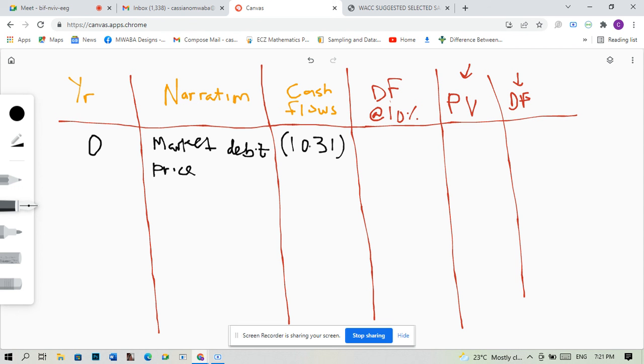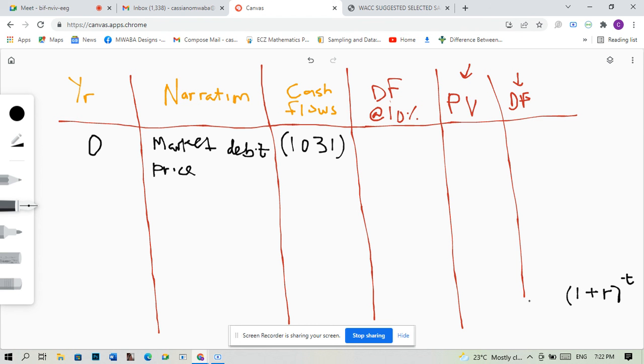All right. So to find our discount factor, we're going to use this formula. Let me just write it on the side: 1 plus r, to the power negative t.